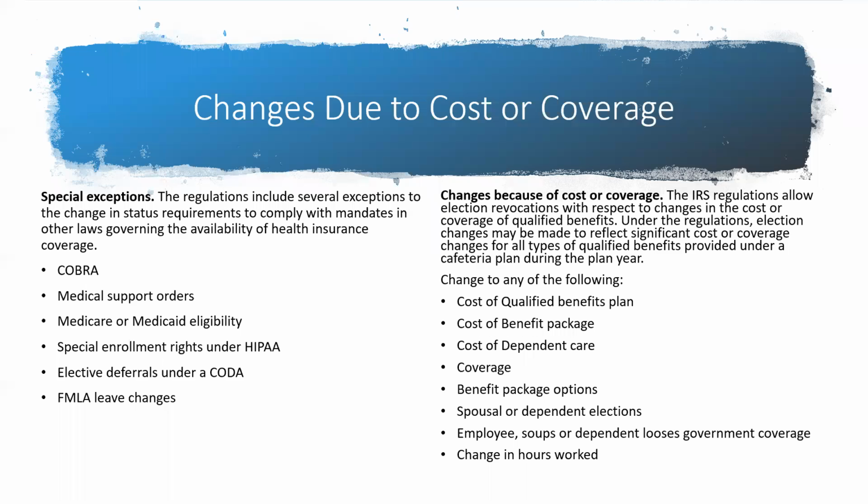Election changes may be made to reflect significant cost or coverage changes for all types of qualified benefits provided under a cafeteria plan during the year, such as if the cost increases or decreases, requiring employees to change their payments. The cost of the benefit package can change, causing employees to change their level of coverage, or their dependent care cost changes.